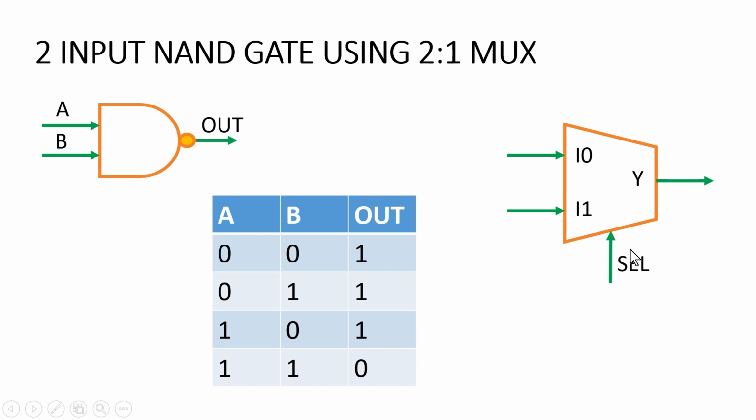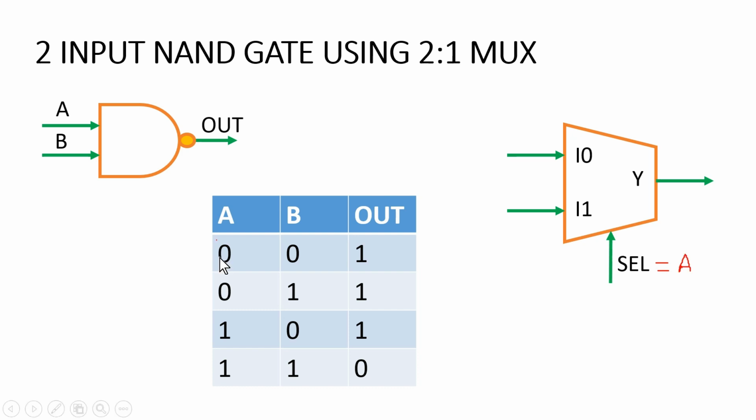So depending on the number of select lines a multiplexer has, we have to select that many inputs from the combination logic that we are going to implement. Because the select line is only one, we will choose A only and we will apply A directly at the select line. So let me apply A at the select line.